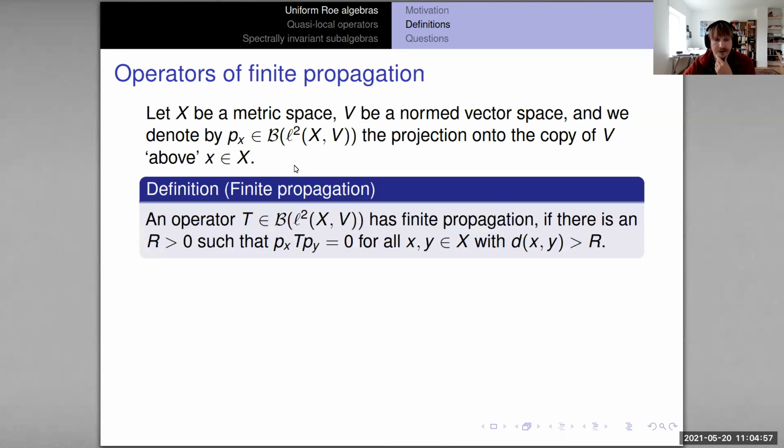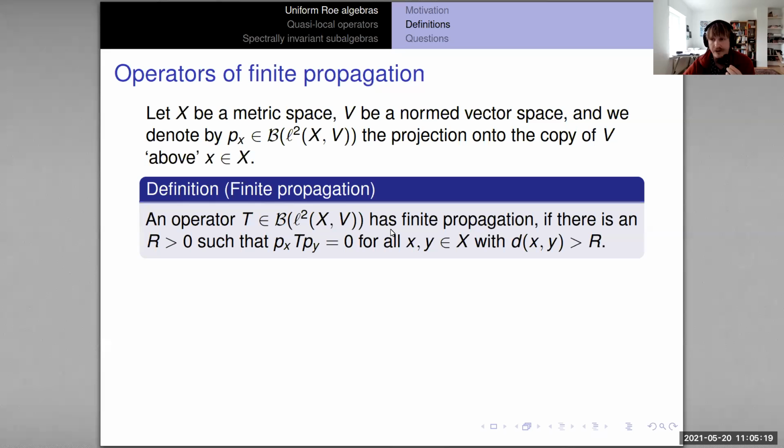And then we have a bounded linear operator T acting on the square summable sequences over X. And we say this operator has finite propagation if there's a number R such that P_x T P_y is 0 for all points x and y which are further apart than R from each other.